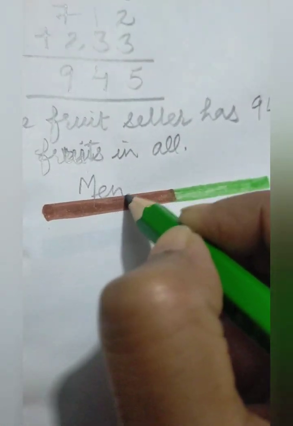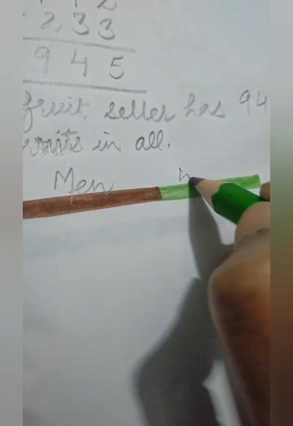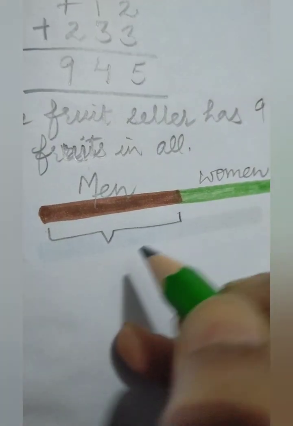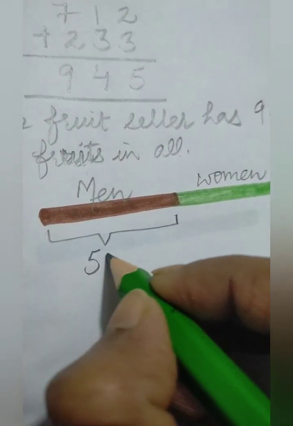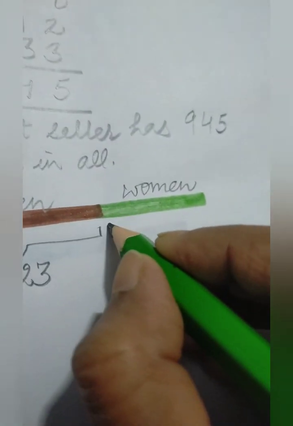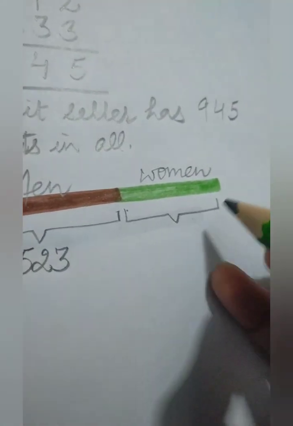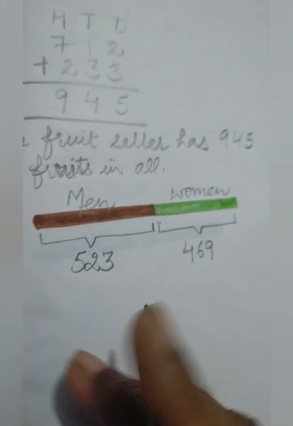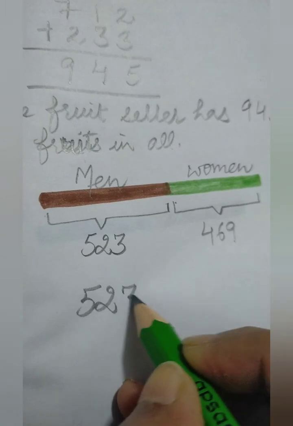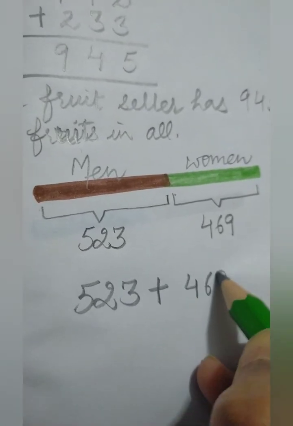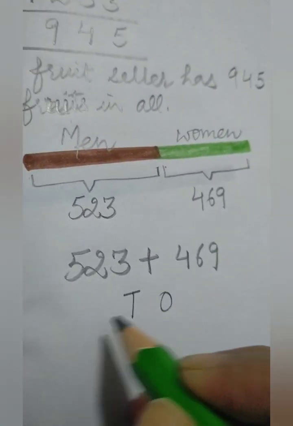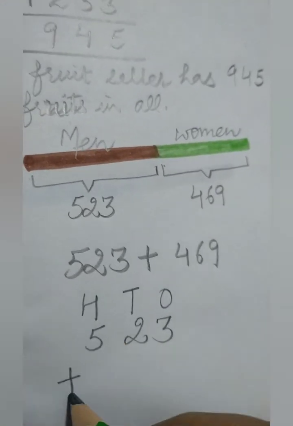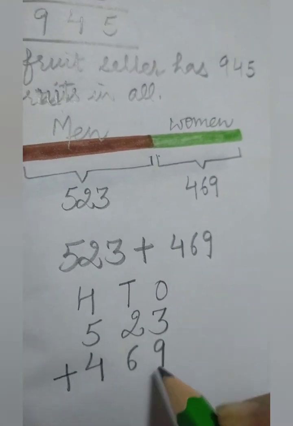Yes, so again we will draw the model using the parts and the whole. These are the men and these are the women. The number of men is 523. And the number of women moving to Goa is 469. Now we have to find out the total. 523 plus 469. Ones, tens, hundreds.